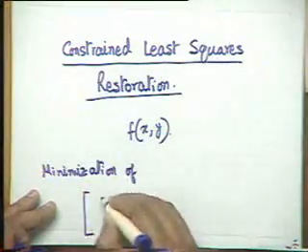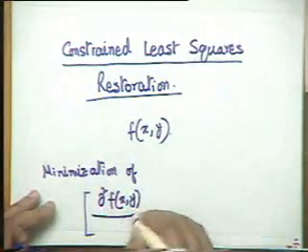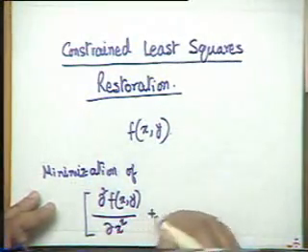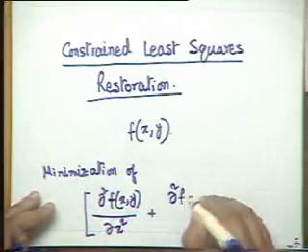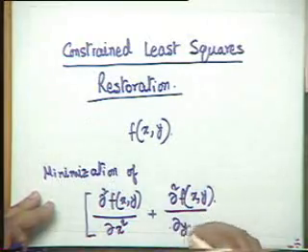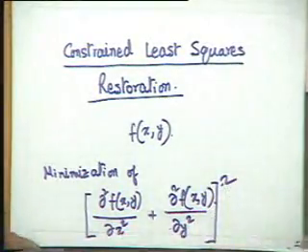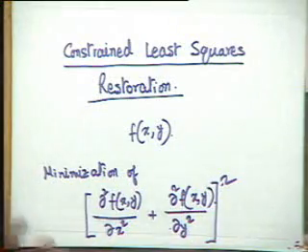So we are going to consider the minimization of ∂²f(x,y)/∂x² plus ∂²f(x,y)/∂y². This square we are going to consider its minimization.